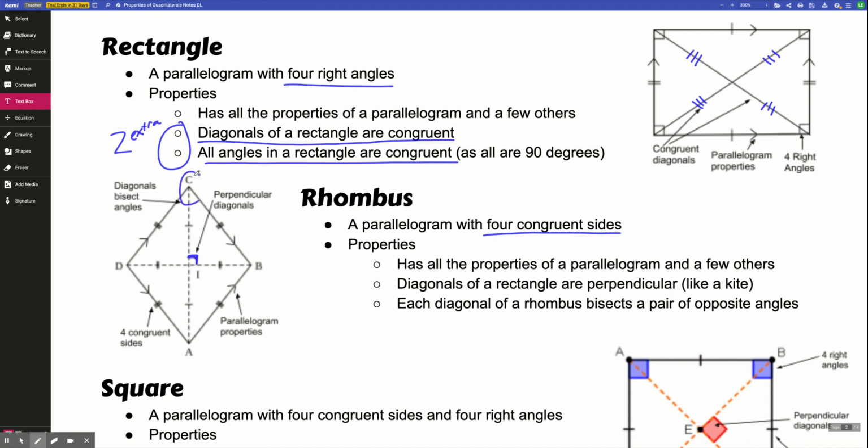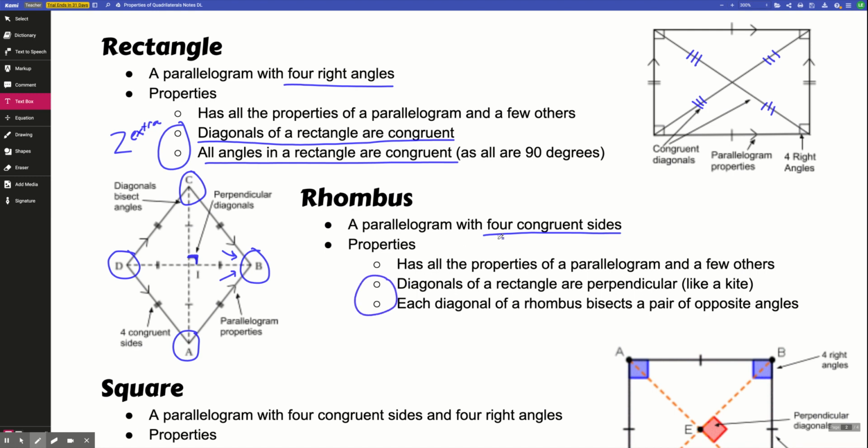So all 4 of these vertex angles, A, B, C, and D in this picture are all bisected by the diagonals or cut in half, which means the 2 parts of each angle, when the diagonals are drawn, are congruent, okay?